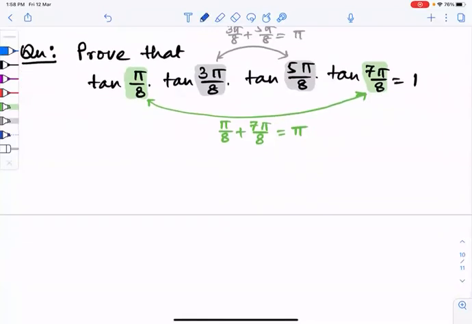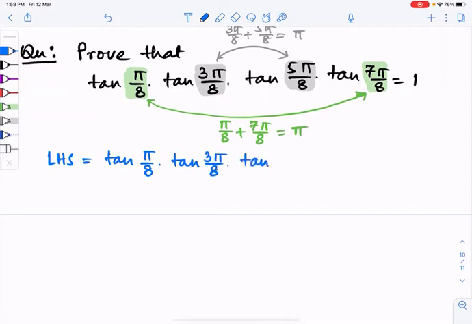I'm going to write it as LHS equal to, I will keep tan pi by 8 as tan pi by 8, tan 3 pi by 8 as tan 3 pi by 8, and tan 5 pi by 8 I am writing as tan of pi minus 3 pi by 8.